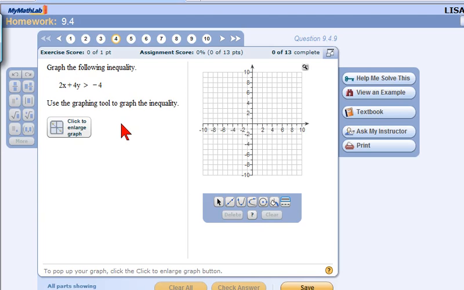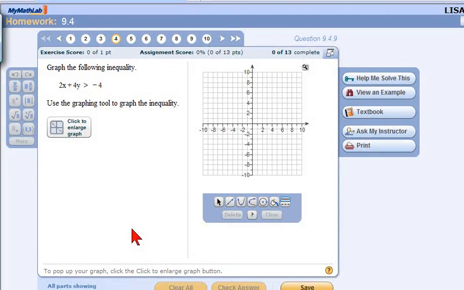So would you take a moment on your paper and take 2x plus 4y is greater than -4. Let me say that one more time for you. 2x plus 4y is greater than -4. Get it in the form where it is solved for y.